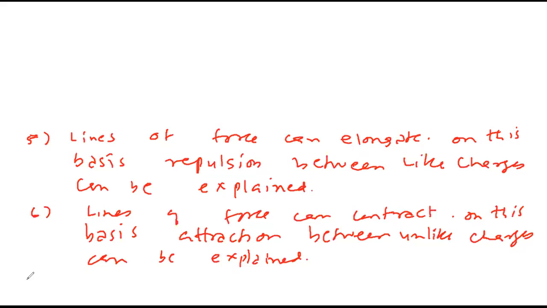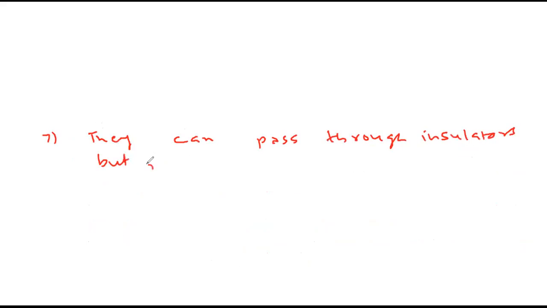Done, sir. Okay. Seventh point, they can pass through insulators. सही पॉइंट है, बट नॉट थ्रू कंडक्टर, बिकॉज कंडक्टर में पास हो गया तो करंट इलेक्ट्रिसिटी हो जाएगा.